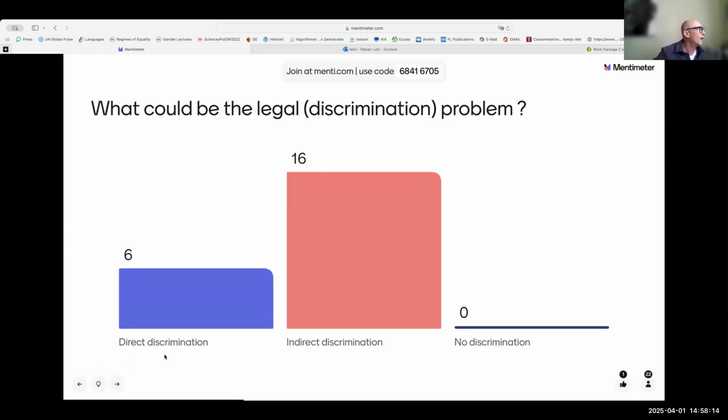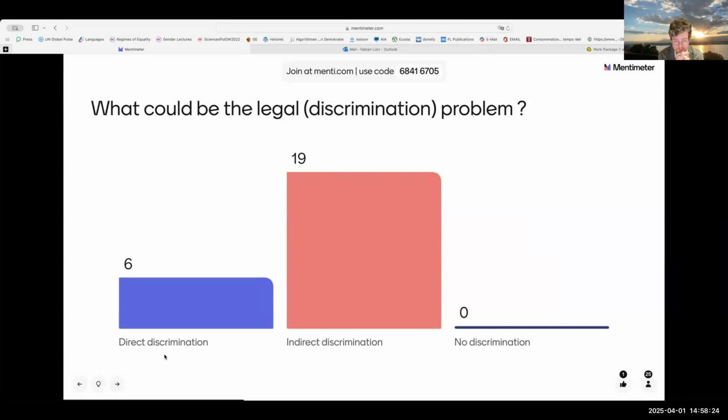And indirect discrimination would be if you have an apparently neutral behavior or norm that then indirectly leads to discrimination. For example, because you can prove by statistics that somebody has been negatively affected without that being justified. So if it's not directly targeted towards one protected characteristic, but it indirectly still affects them negatively, and this cannot be justified.